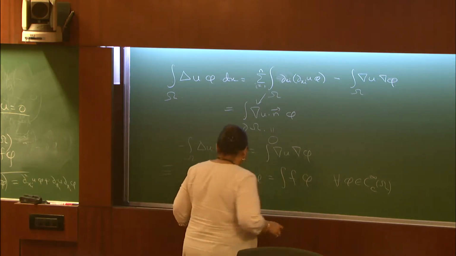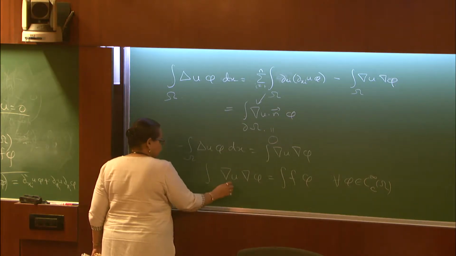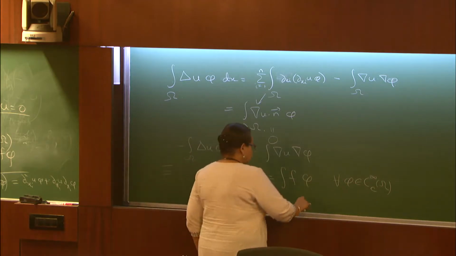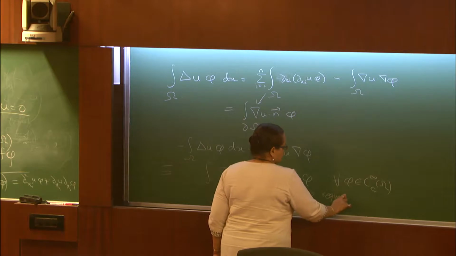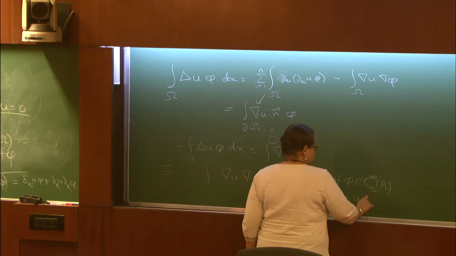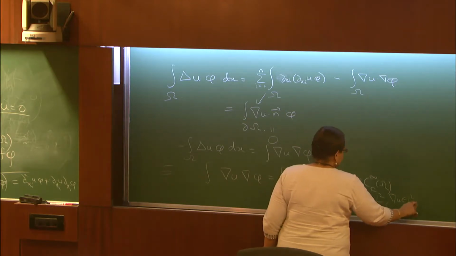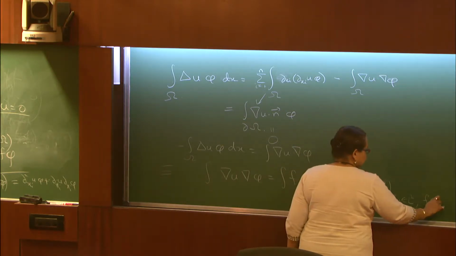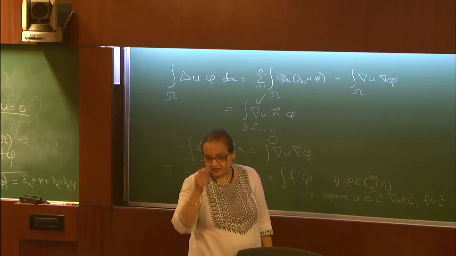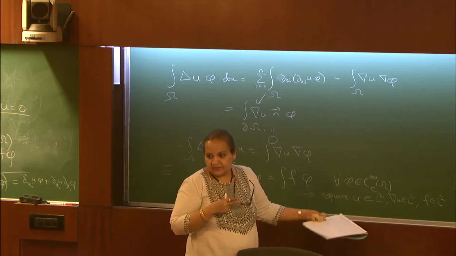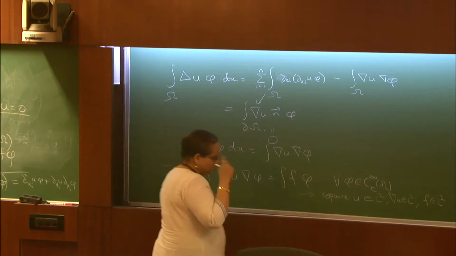Phi is anyway L2 because it is a smooth function with compact support. So we get this.